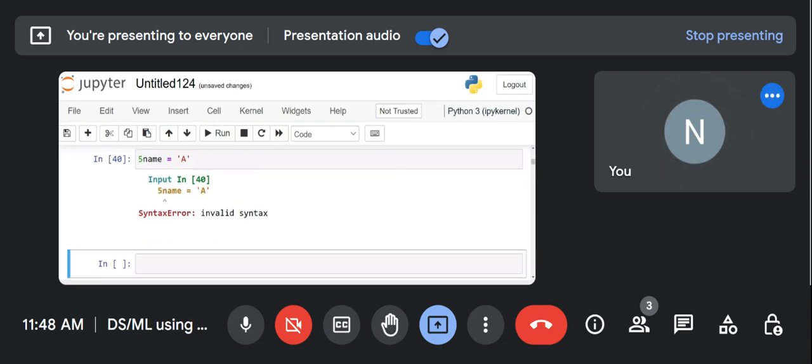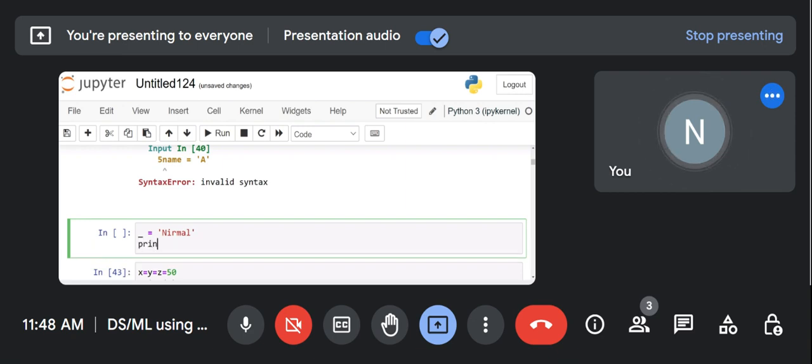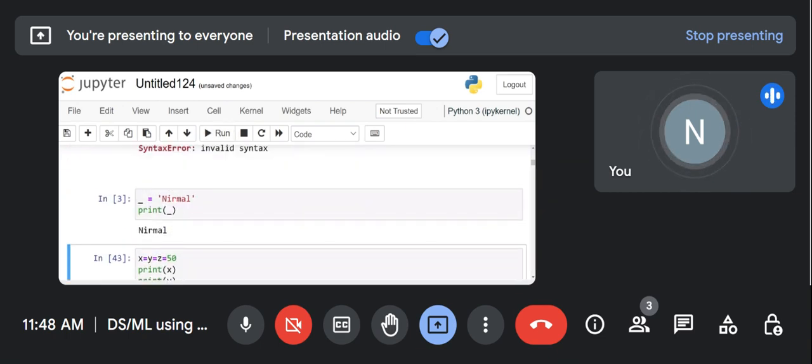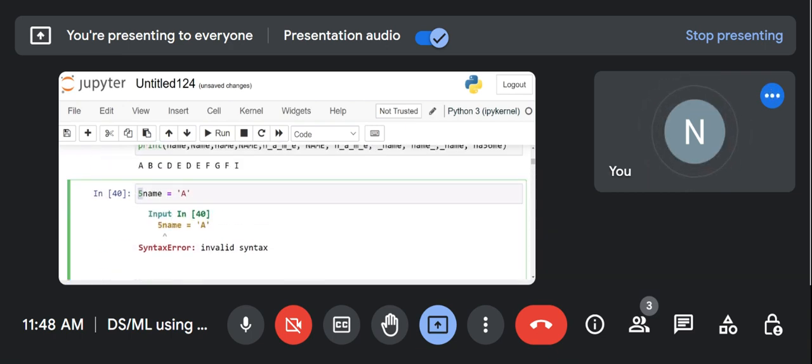And also, if I write just an underscore equal to a string in quotes, and then print the underscore, what will it give you? See, an underscore can also be assigned as a variable. So Python gives you so much flexibility. However, you can't use numerics in front when declaring a variable.